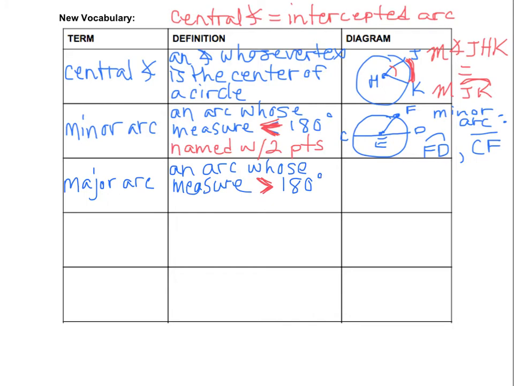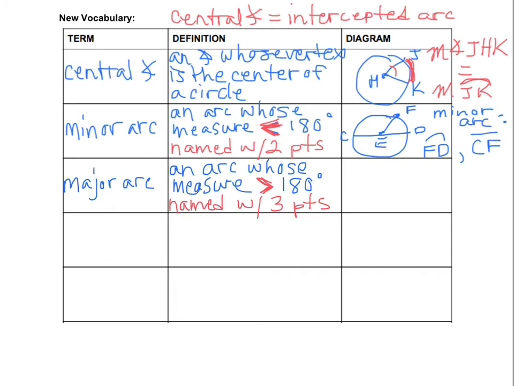This type of arc is named with more than 2 points. It's with 3 points. And it's easy enough to remember that the minor is the smaller one, and so it has fewer points to name it. The major is the larger one, it has more points to name it.